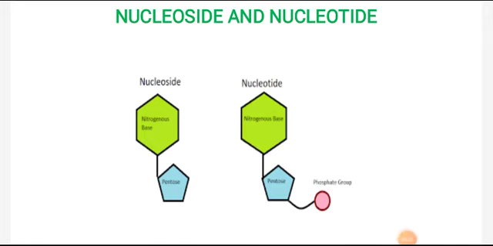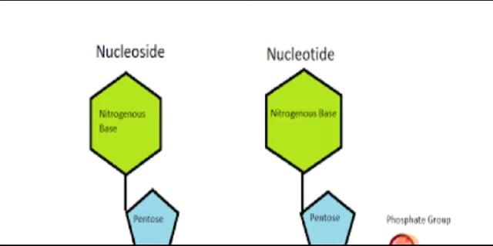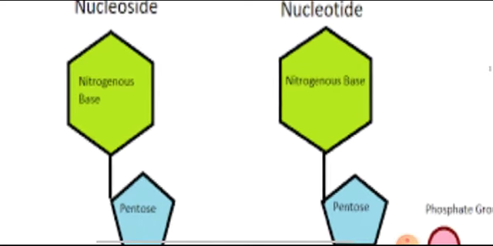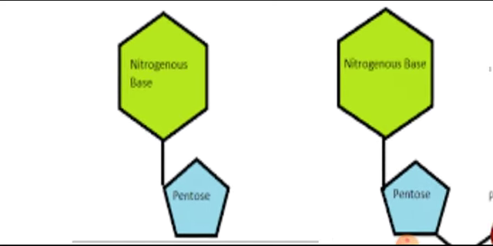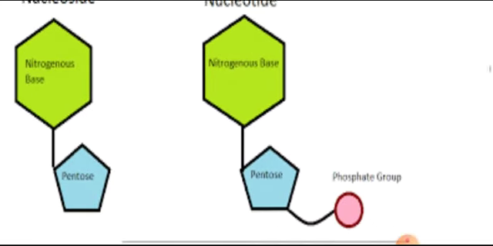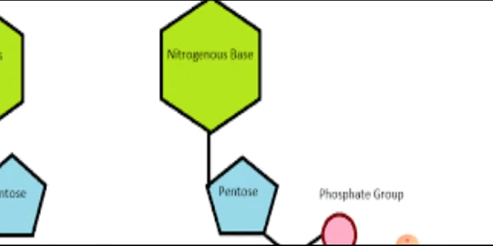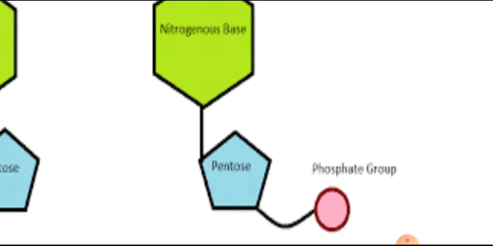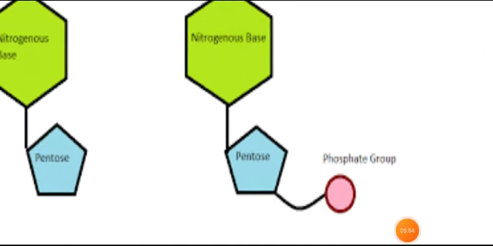Here we can see the structure of nucleoside and nucleotide. Nucleoside includes nitrogen base and pentose sugar. Nucleotide includes nitrogen base, pentose sugar and phosphate group.